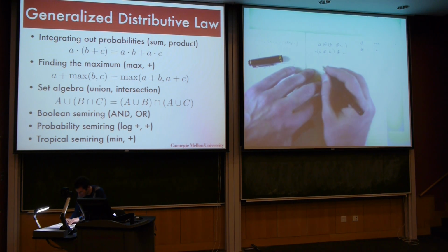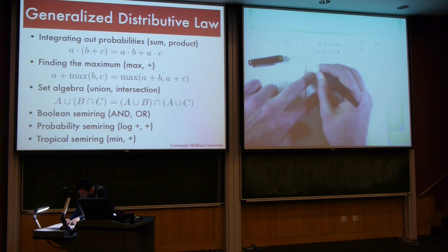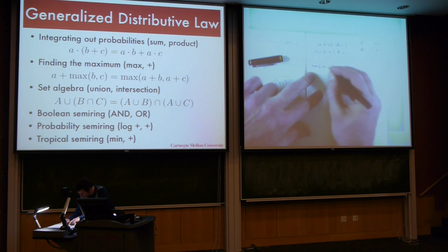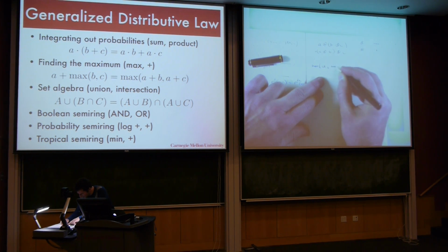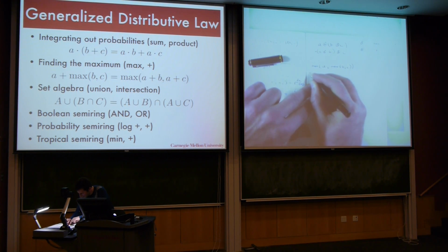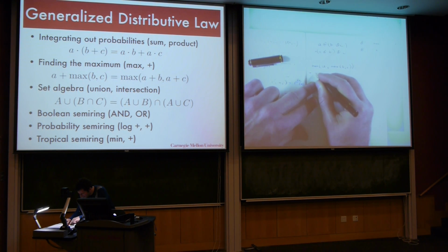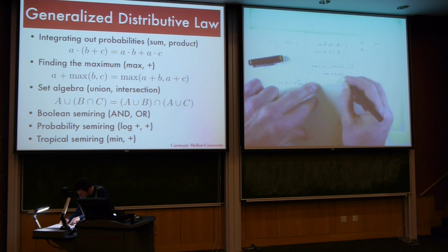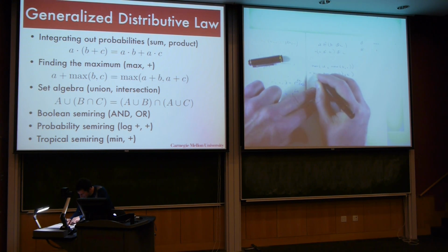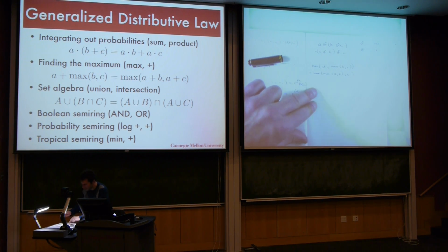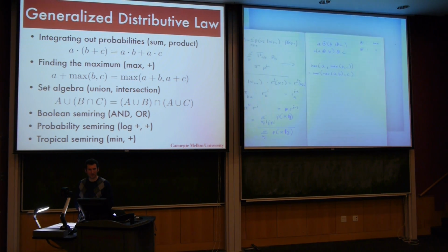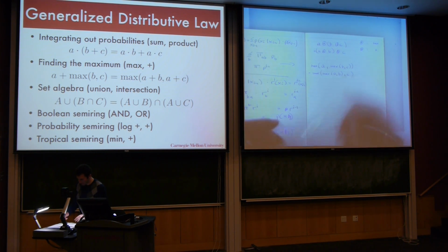Okay, so now we need to show that the maximum over A and the maximum over B and C equals the maximum over A and B and the maximum applied here. I guess everybody knows that this is true, so I don't need to prove it any further. Okay, so we've just checked associativity.